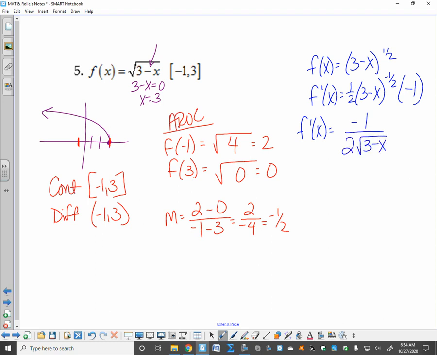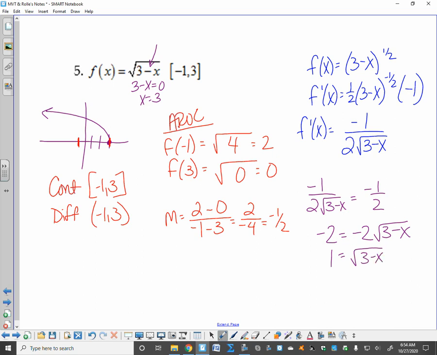Yeah. All right, so now I'm going to take that and set them equal to that. I'm going to cross multiply because I'm over an equals. So -2 equals -2 root 3 minus x. I'm going to divide by -2.